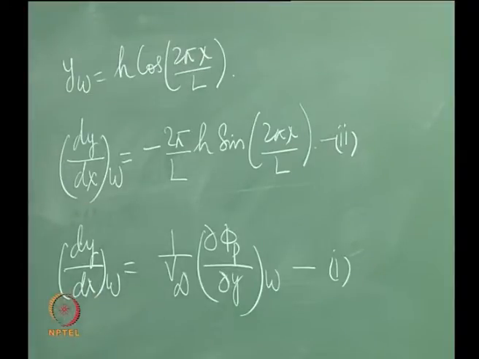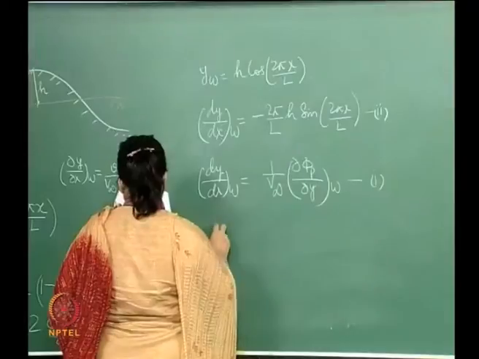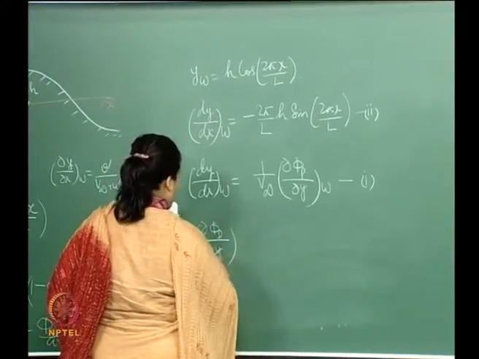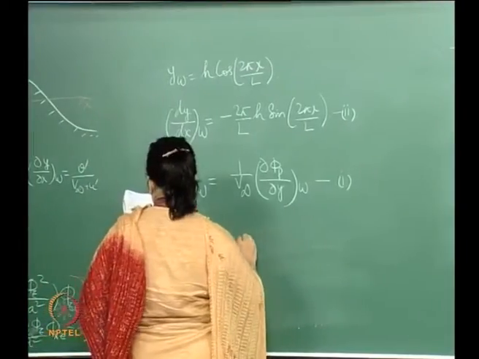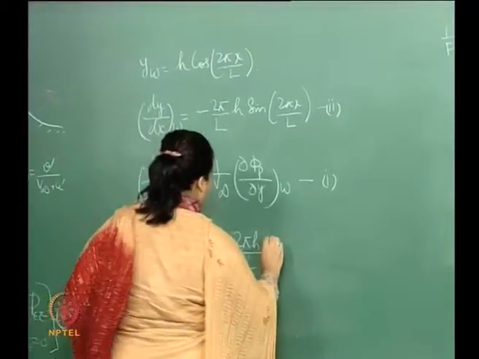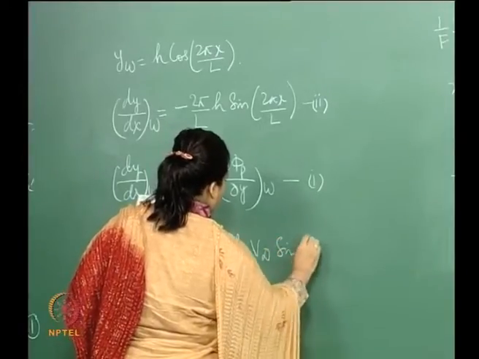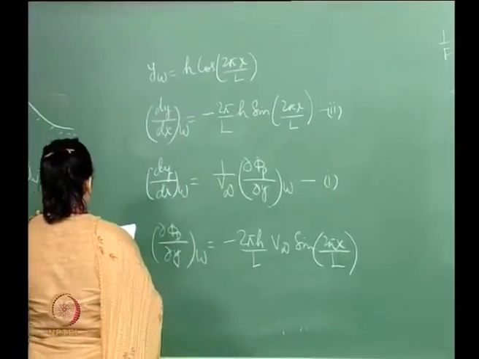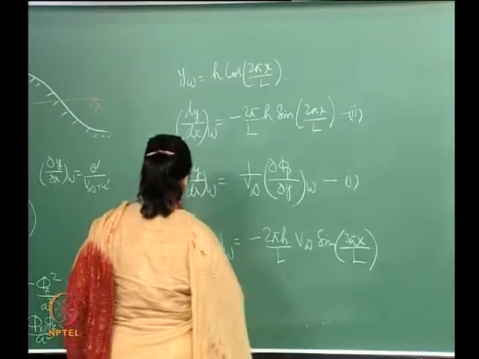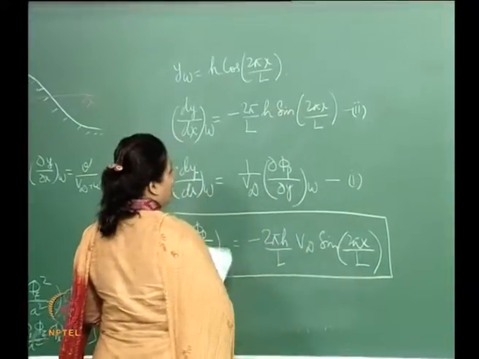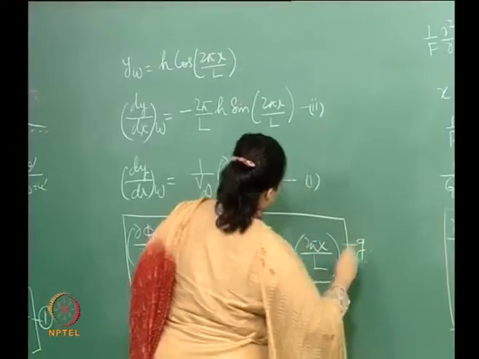If this is equal to this, what we get from here is that del phi p by del y at the wall is equal to minus 2 pi h by L into V infinity sine. Let us call this G.